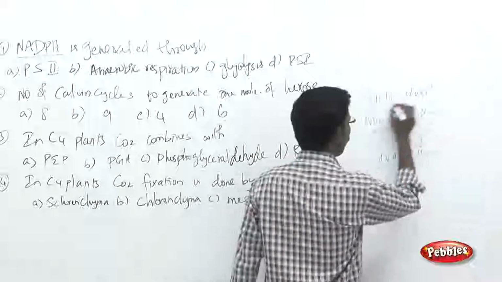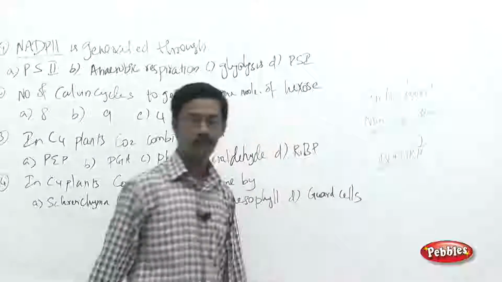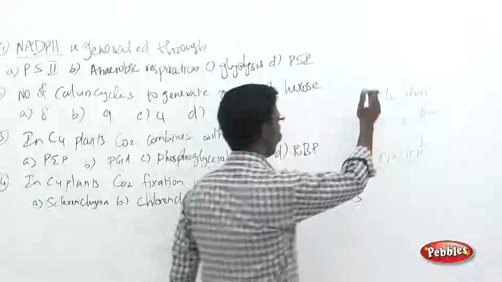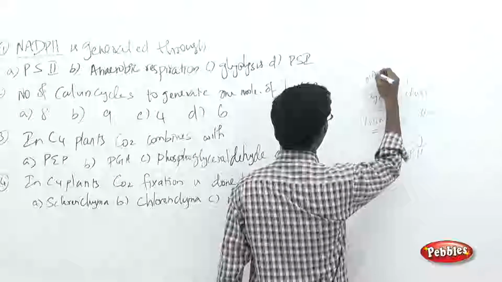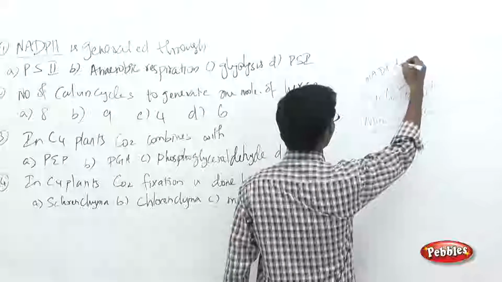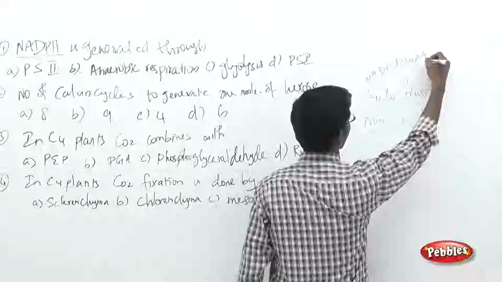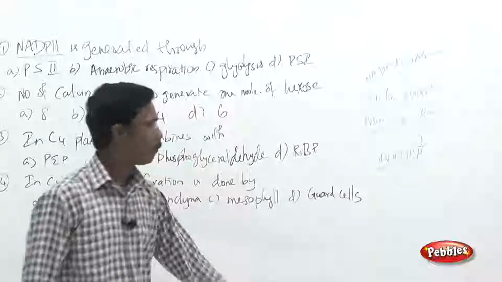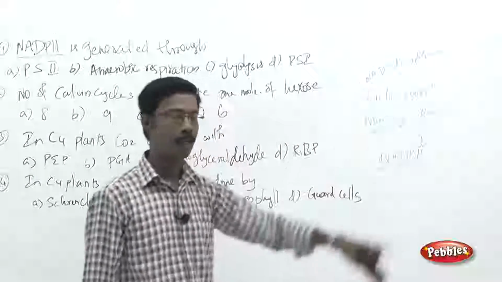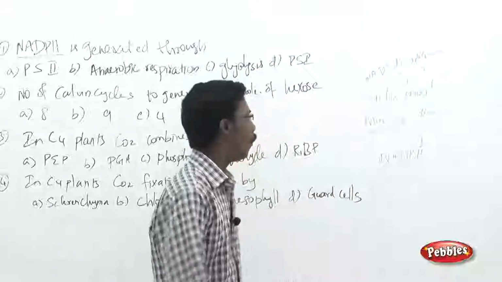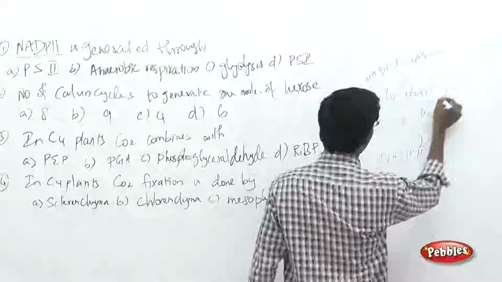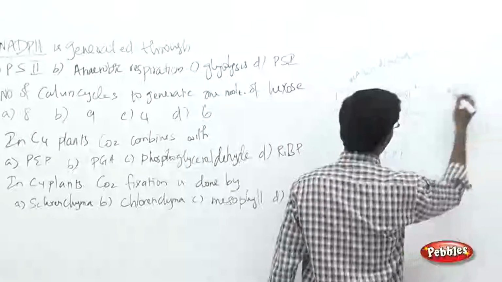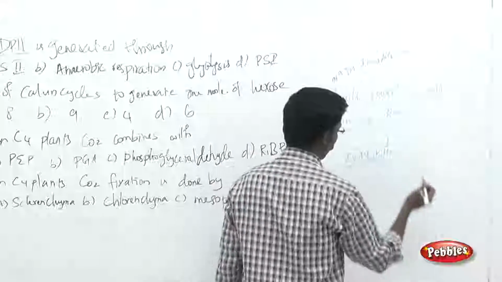In cyclic phosphorylation, there will be no production of NADPH, because there will be no involvement of the enzyme NADP dehydrogenase. In the absence of that enzyme and some other system, cyclic phosphorylation produces only the ATP molecule and not the NADPH molecule.